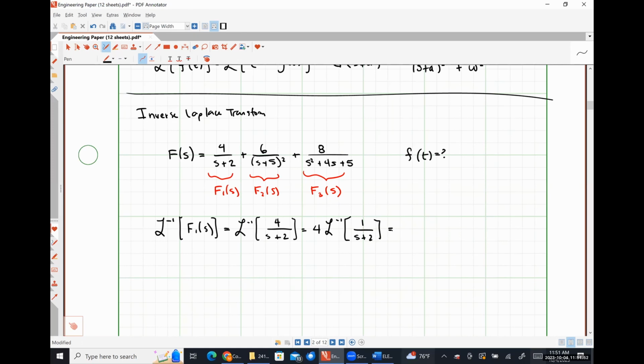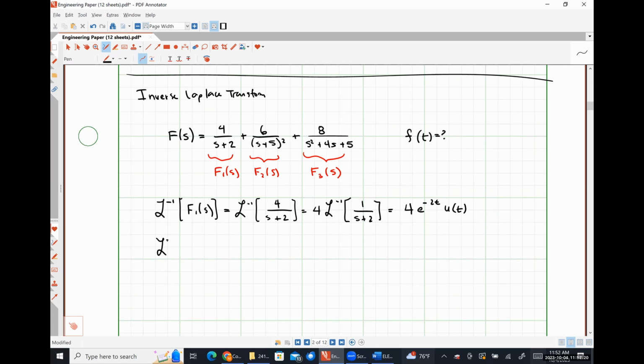And what's the inverse Laplace transform of 1 over s plus 2? Use your table. E to the negative 2t u of t, right? So this would be 4 e to the negative 2t u of t. So that's our first part. Everybody catching what I'm throwing here? All right.